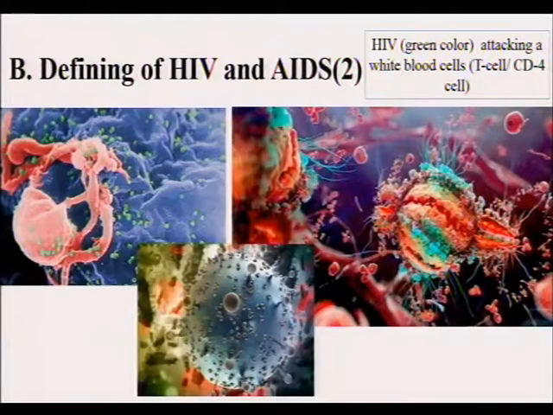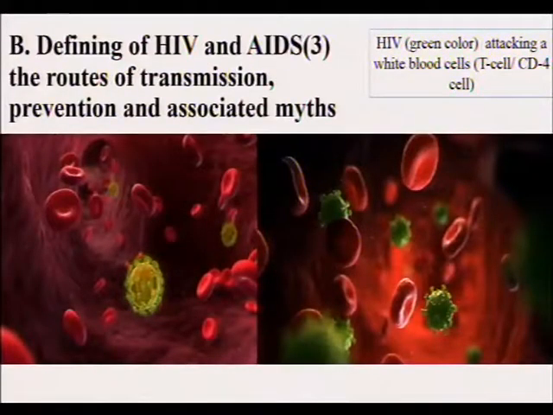You will see the green ones are the HIV particles, and I will also show you on the next slide what happens. The green ones are the HIV particles that go into your bloodstream. Now, as you can see, those red dots are your blood cells, and those are there to attack.